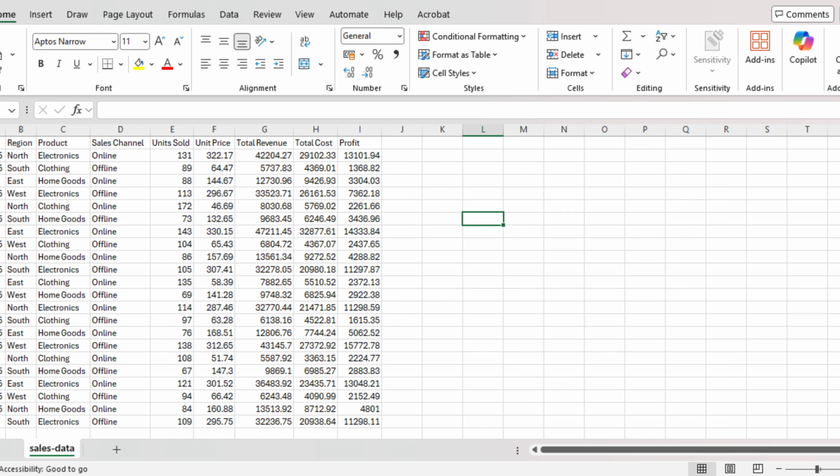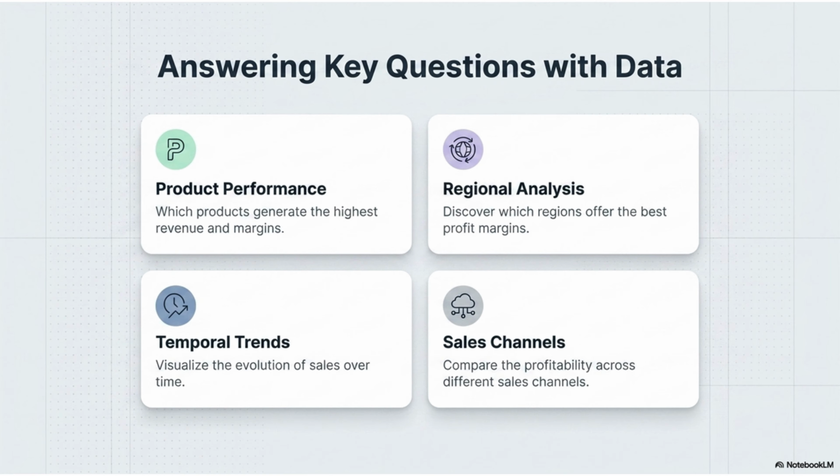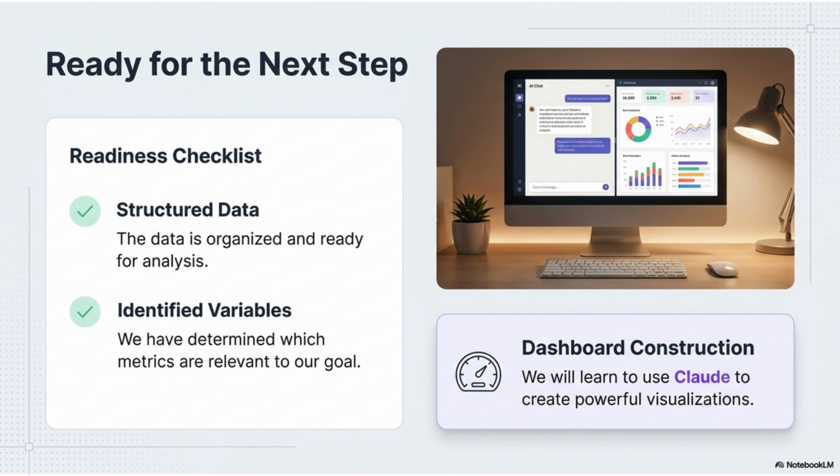What can we do with this data? This is a small but powerful dataset. With it, we can answer questions like: which products are the most profitable? Which region has the best margins? How do sales evolve over time? Which sales channel is more profitable? And much more. Do we need to clean the file? In this case, no. The file is already clean. There are no missing values.